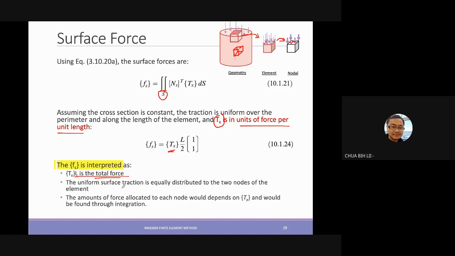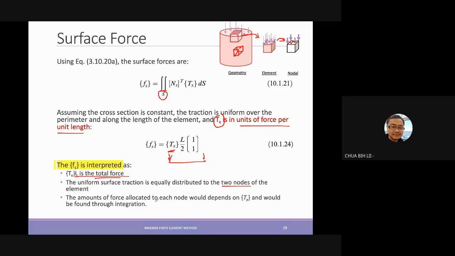The uniform surface tractions, or the forces, again will be distributed into the nodes corresponding to that particular surface. And the example we are discussing refers to two nodes, therefore it will be distributed to the two nodes.